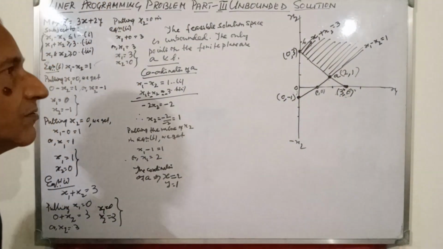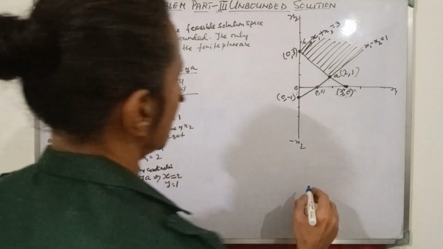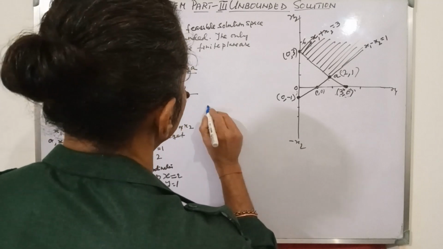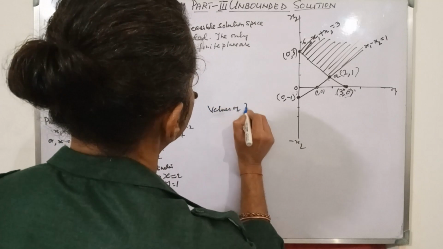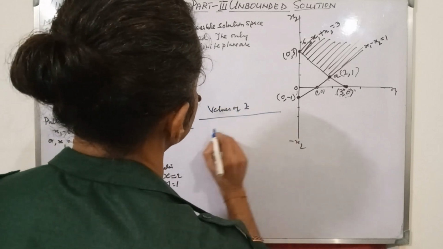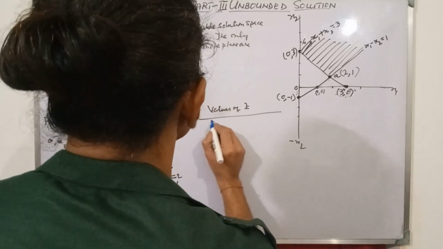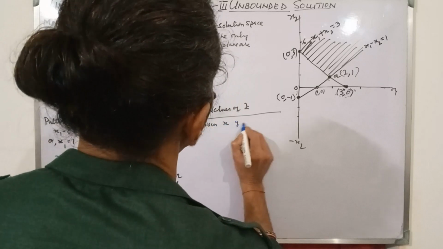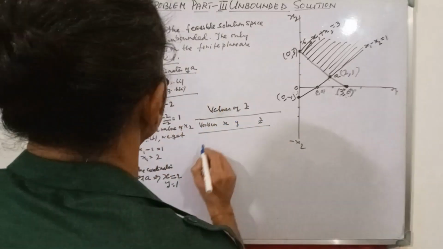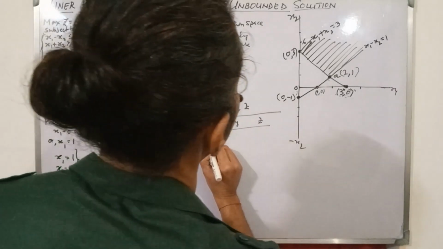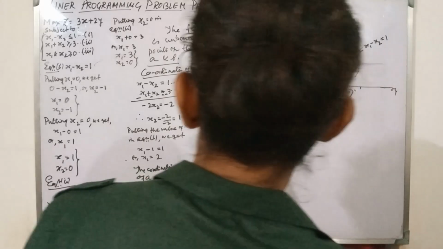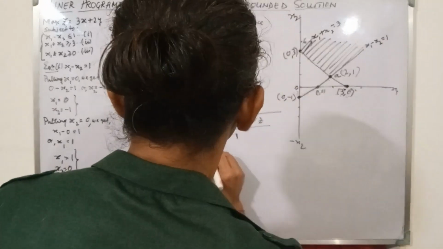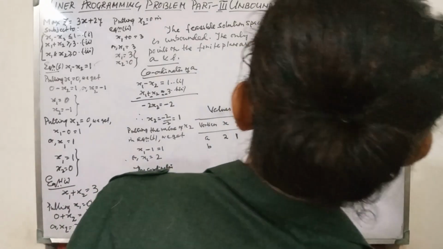Now let us see the maximum values of Z. Vertex A has the coordinates 2, 1 and B has the coordinates 0, 3.